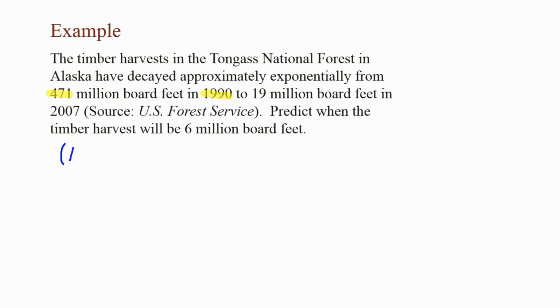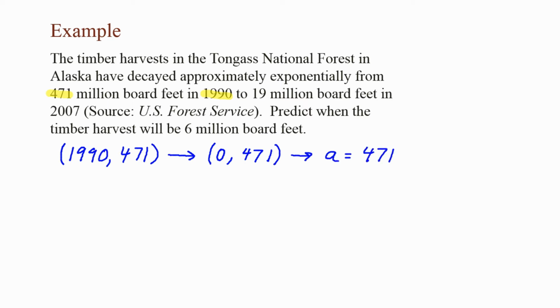So if my time is my independent variable, in 1990 I had 471 million board feet. It's going to be easier to calculate if that's my year 0, because this also gives us our A for our exponential equation.